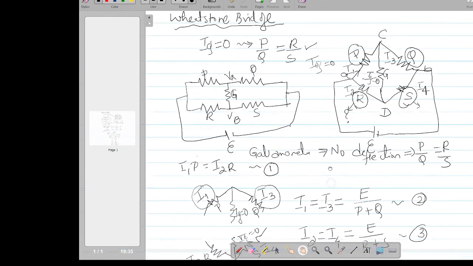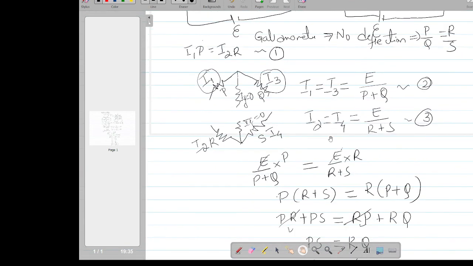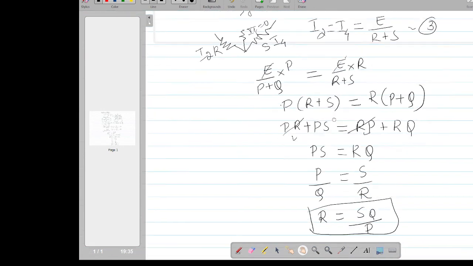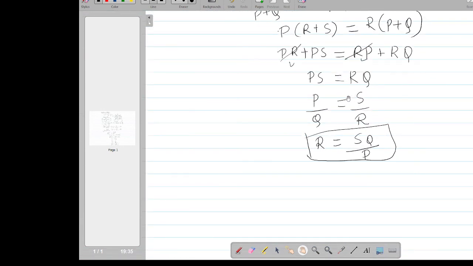We know that when a series connection is there, the current flowing through all the circuit elements is the same. So this is how we can calculate the unknown value of a resistor, that is the R value, with the help of the Wheatstone bridge. Thank you.